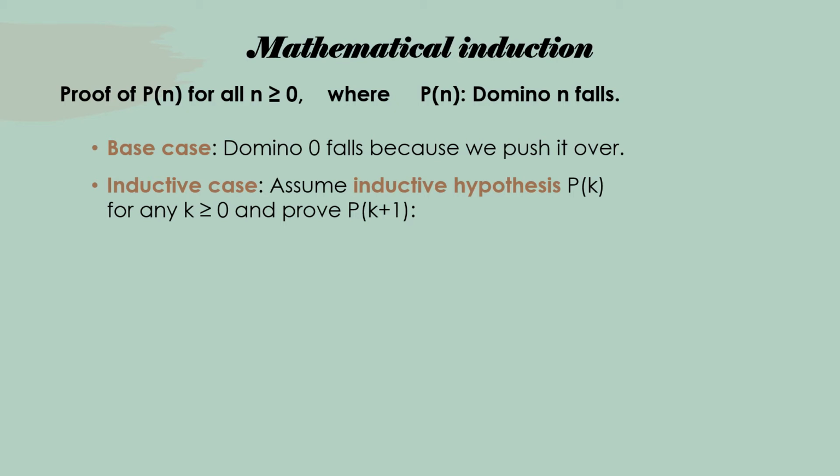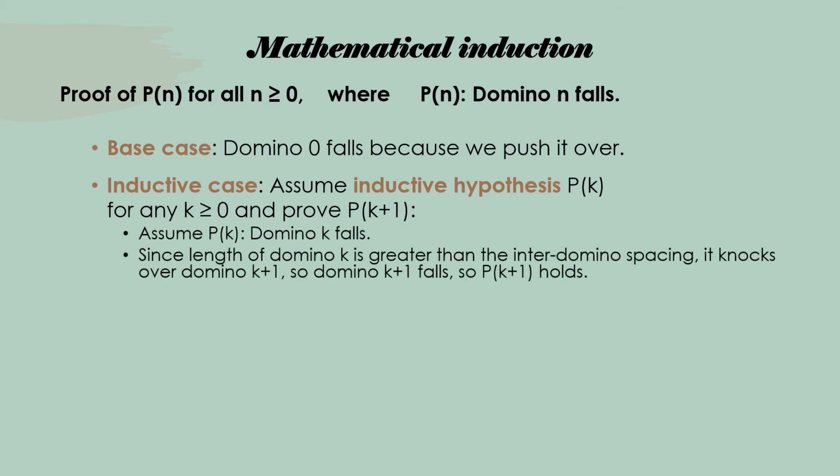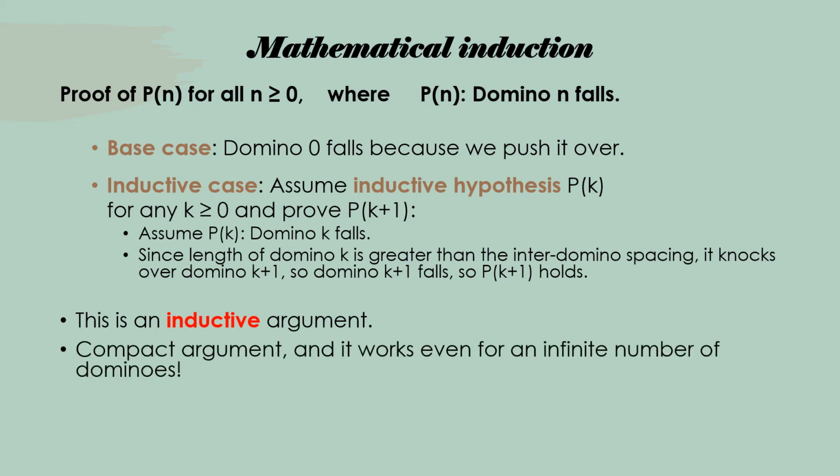We have to prove that the (k+1)th domino also falls. If the (k+1)th domino is attached, it will definitely fall because the distance between the (k+1)th domino and the previous one is less than the length of the domino. So it will knock it over and it will fall. So P(k+1) holds, and this is our inductive argument. This argument is compact and it works even for an infinite number of dominoes.